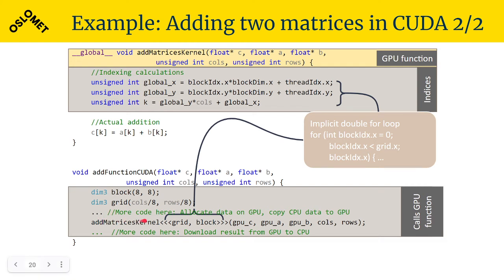And then it calls the kernel. This means that the kernel now runs with a single thread for every single element in the matrix, which comes back here into the global X and global Y. And finally, once we've run the kernel, we can download the result from the GPU back to the CPU and check our results.